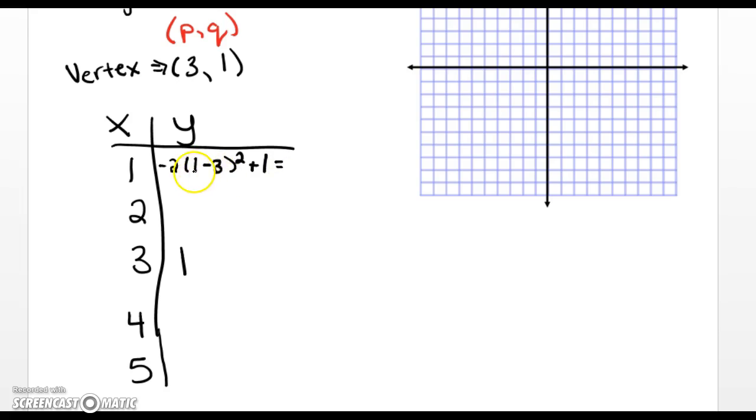So solving inside my brackets first, I have 1 minus 3, which is negative 2, and that is squared, plus 1. Negative 2 squared is 4, times negative 2 is negative 8, plus 1 would give you negative 7.